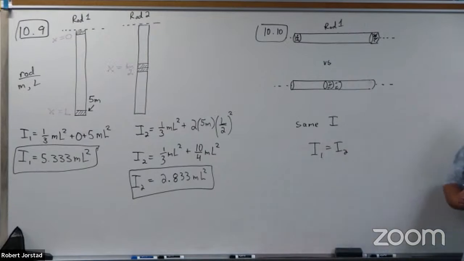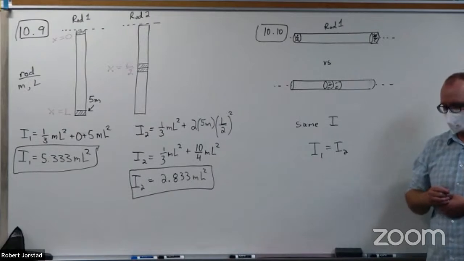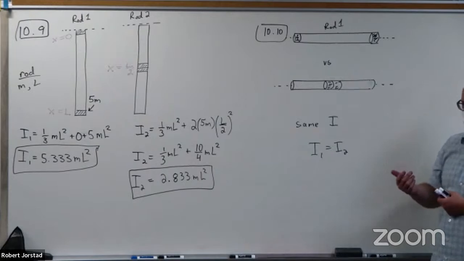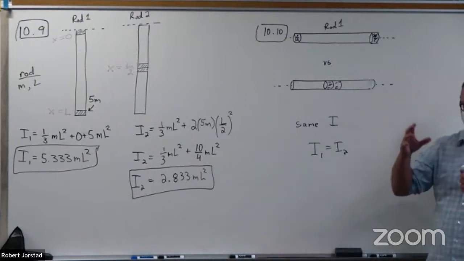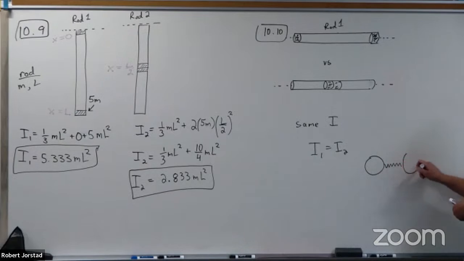Now, believe it or not, you can kind of think about this if you're a chemistry major. There's a thing called rotational spectroscopy, and the energy levels at which atoms emit light will depend on their moment of inertia. In particular, imagine if you had an oxygen molecule. This is a very crude model of an oxygen molecule. Two spheres connected by a spring.